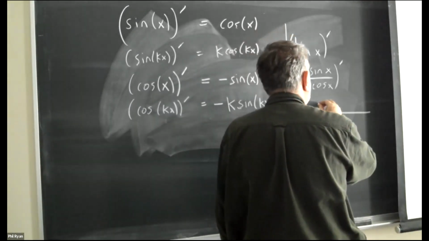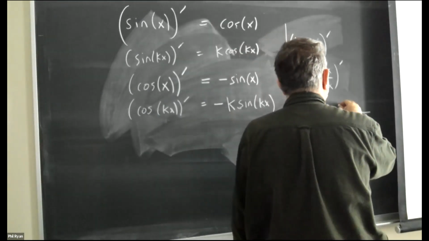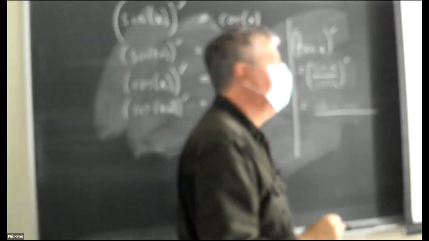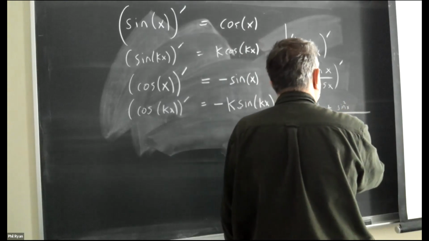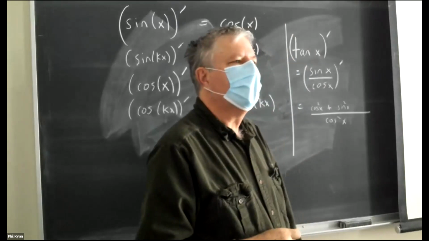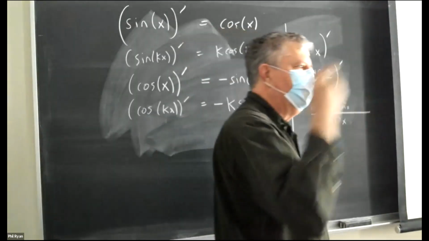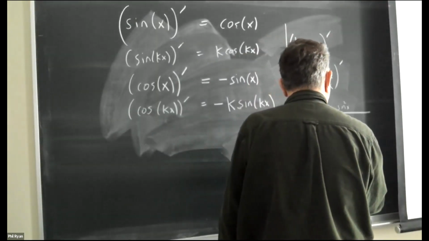So we get cosine squared minus high, derivative of cosine. So we get cosine squared plus sine squared divided by the bottom squared. Does anyone remember what cosine squared plus sine squared is? You've done your trig. It's 1 divided by cosine squared x.